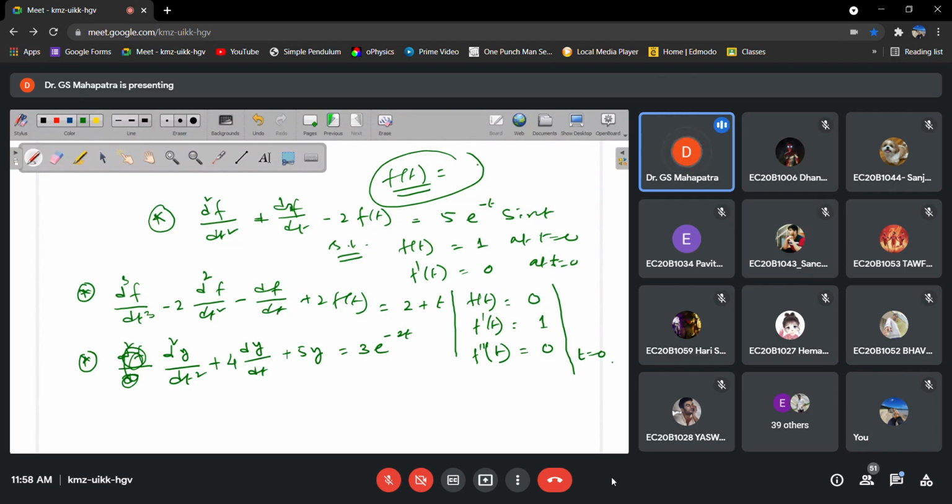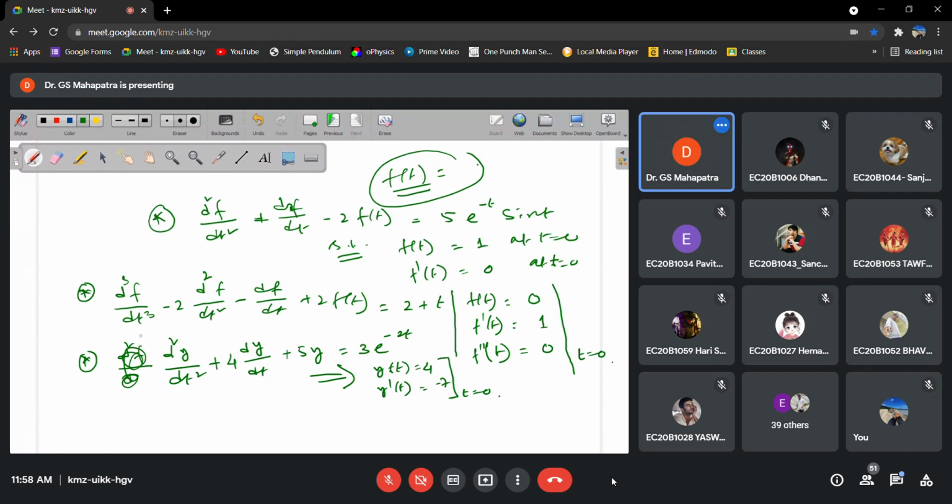Always f is not good, so I use y. For this problem, 2 conditions are required: y of t equals 4, and y dash t equals minus 7, the conditions at t equals 0.